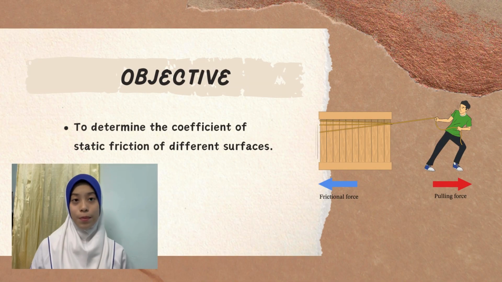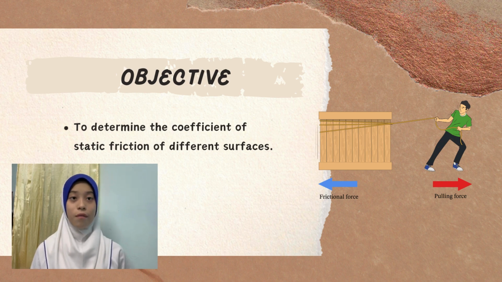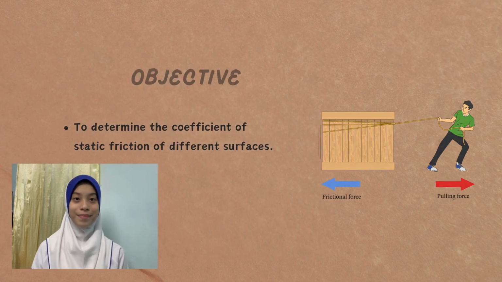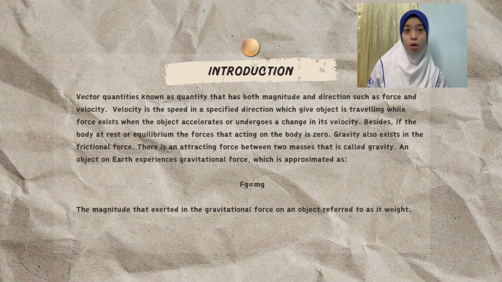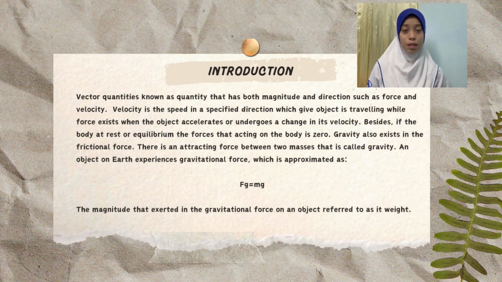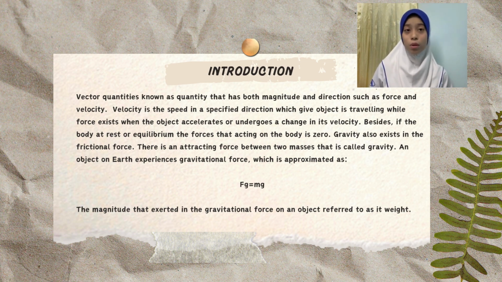2023866294. The objective of this experiment is to determine the coefficient of static friction of different surfaces. The theory of this experiment is that vector quantities are quantities that have both magnitude and direction, such as force and velocity.